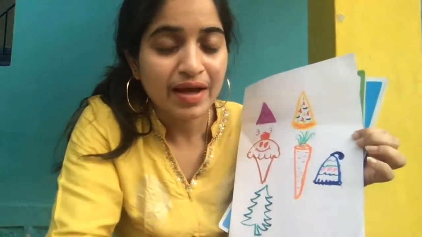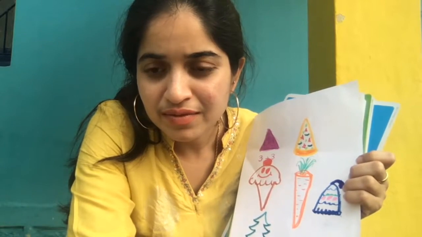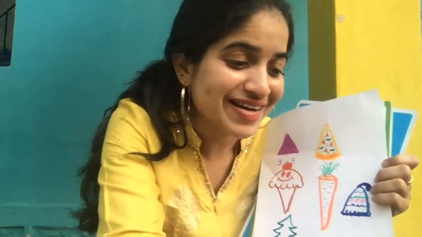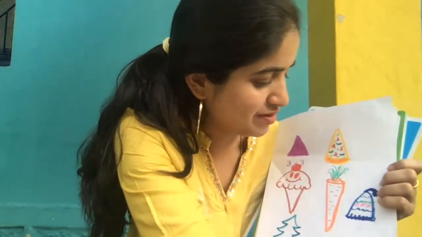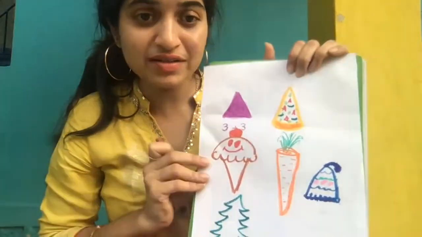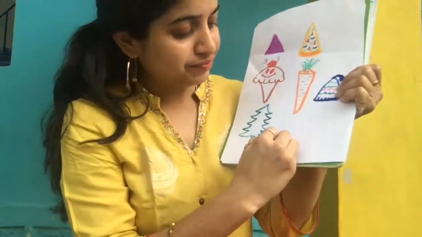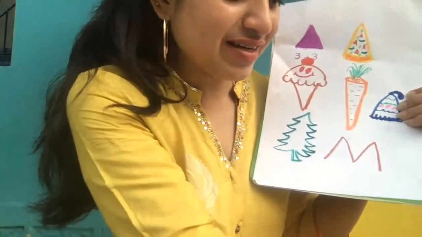Okay. And what else, children? And what else? Mountains. Yes, very good. Beautiful example. So, children, come on, let's all draw mountains together. These are like mountains.